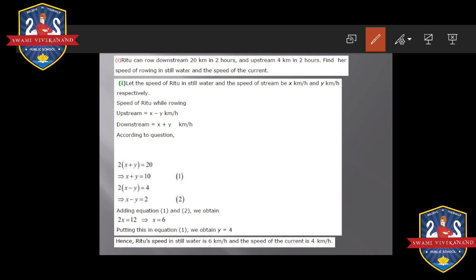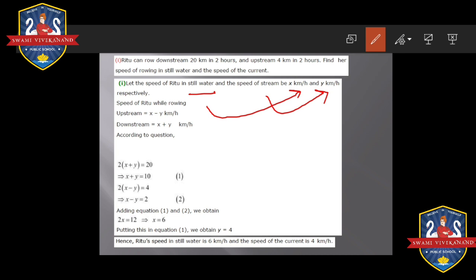Ritu can row downstream 20 kilometers in 2 hours and upstream 4 kilometers in 2 hours. Find her speed in rowing in still water and the speed of current. Let us suppose that the speed of Ritu in still water is x km/h and the speed of stream is y km/h.